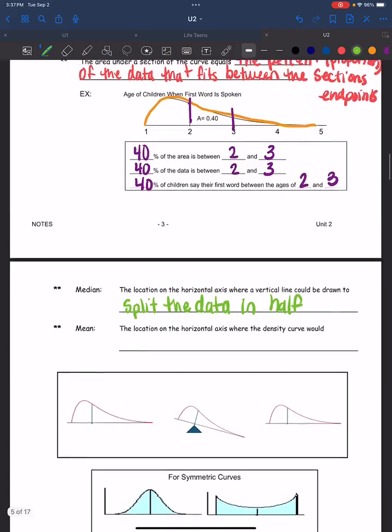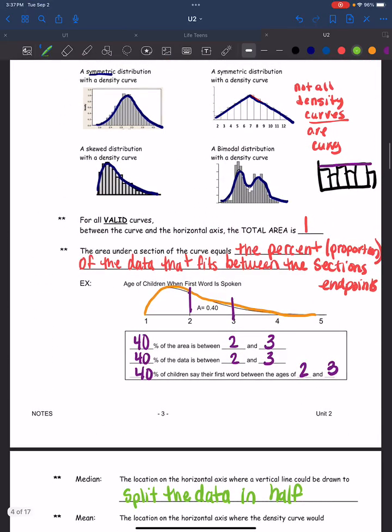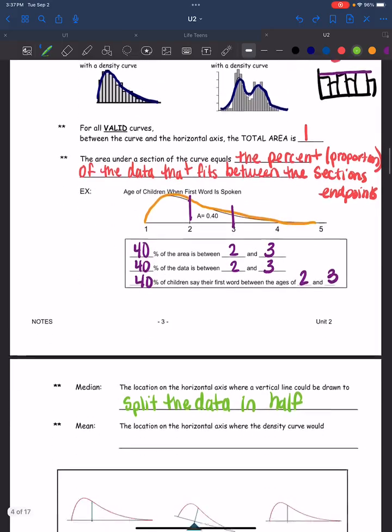So, for instance, if I rolled back up here and wanted to split the data in half, I could eyeball it and say it looks like the halfway mark is maybe in here. That would be where our median is. Or I could say the half looks in here, or maybe halfway would be here. Those would be all of our medians or middle points.